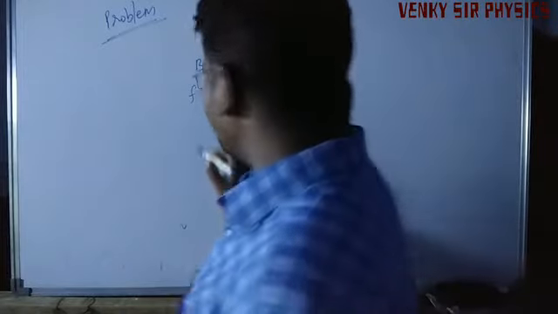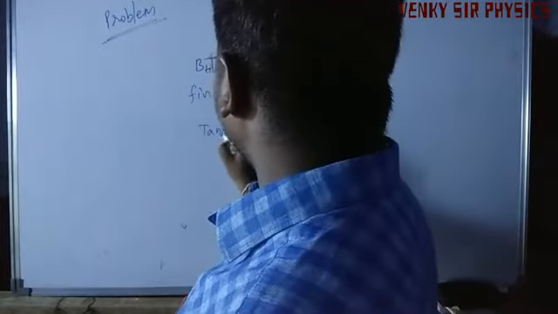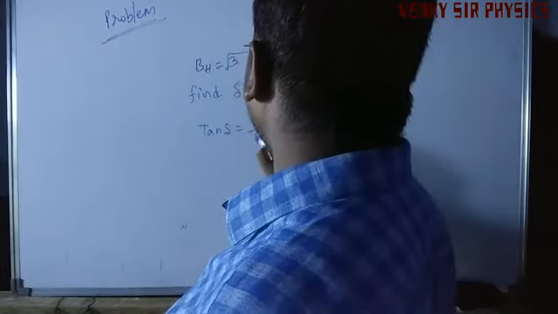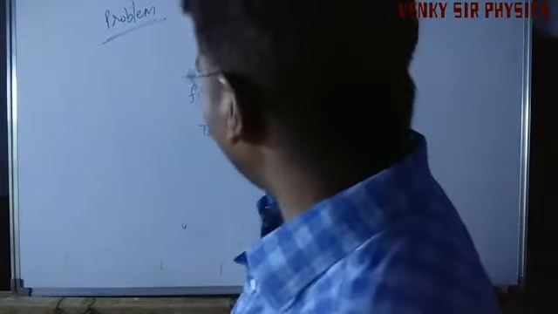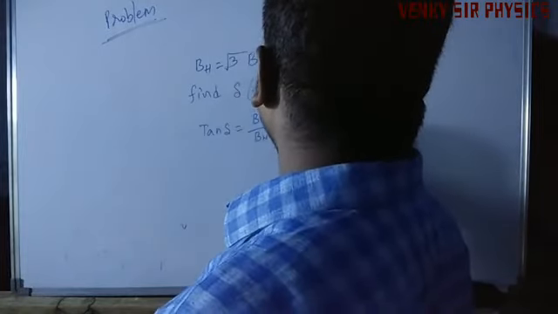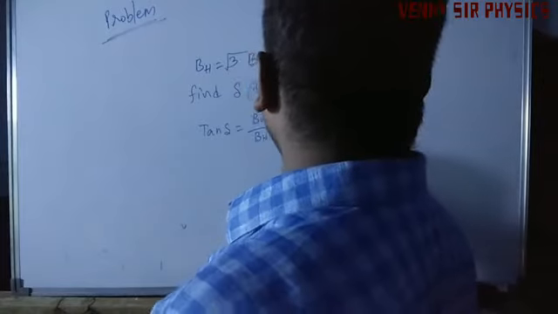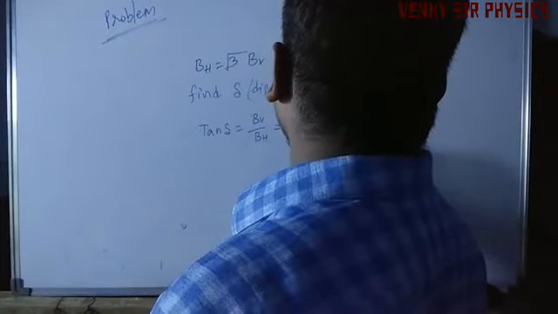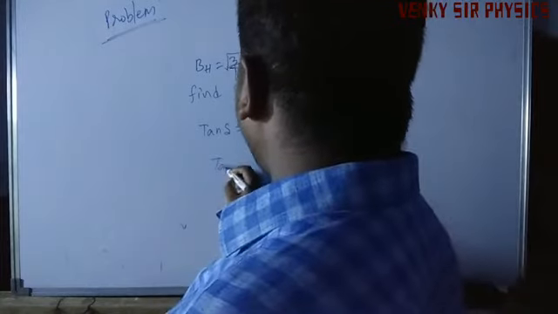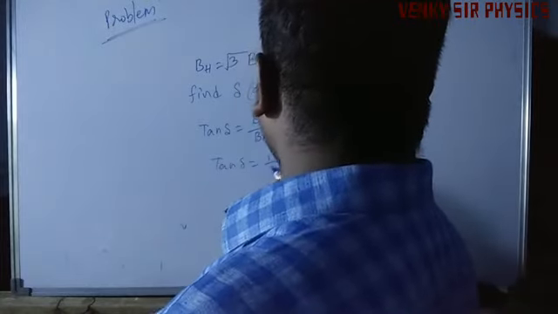So we know what is the formula required? Tan delta is equal to BV by BH. What is BV? Okay, we don't know BV. What is BH? Root 3 BV. BV gets cancelled. 1 by root 3. So tan delta is equal to 1 by root 3.